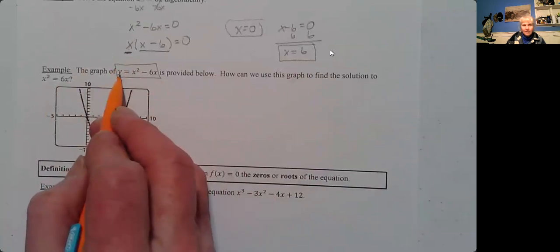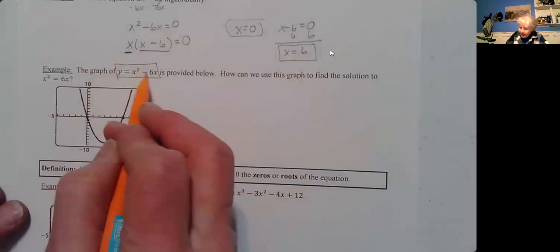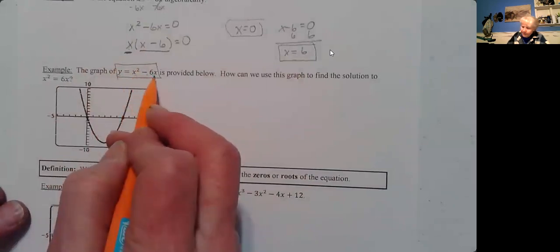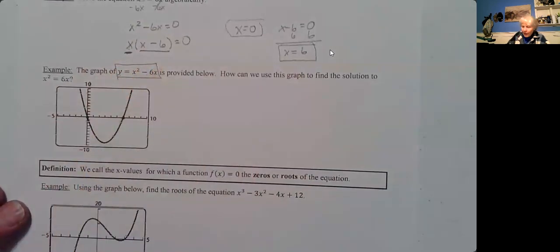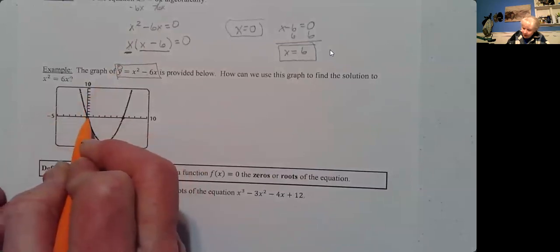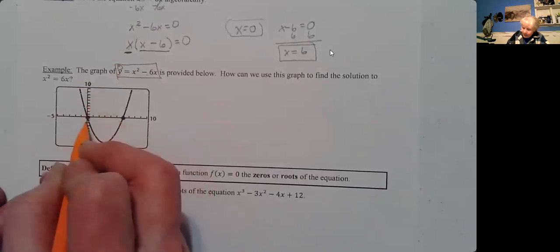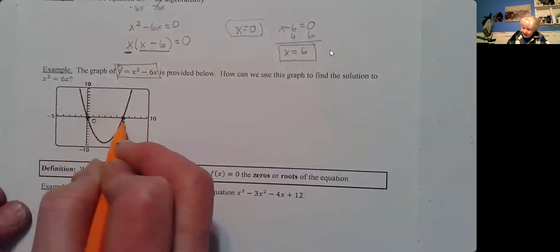On a graphing calculator, you'll have this y here instead of f of x. But y equals x squared minus 6x, you graph this. We want to know when the y is 0. That's setting it equal to 0. So the y is equal to 0 here and here, at 0 and at 6.